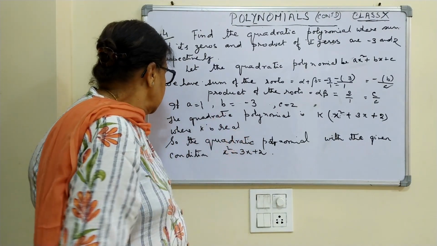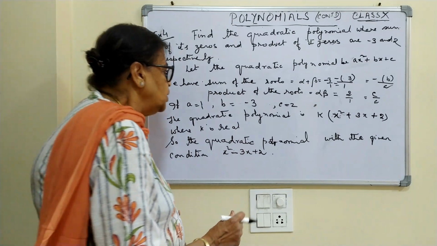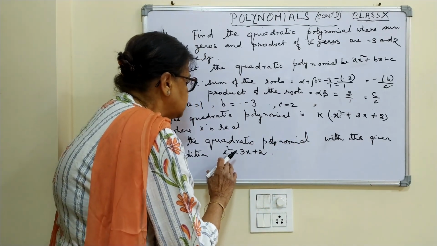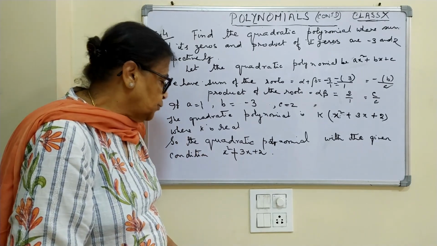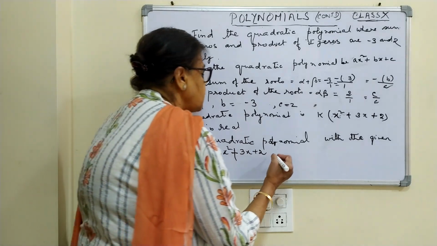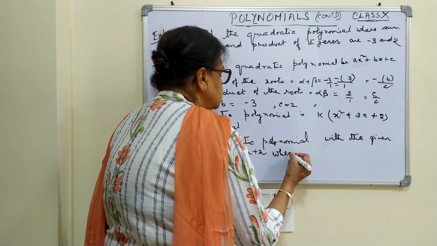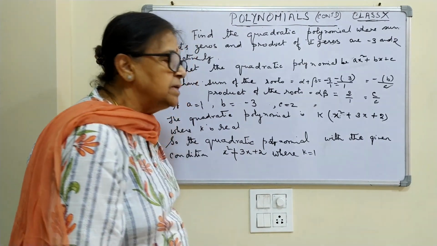So the quadratic polynomial with the given condition is x square plus 3x plus 2, where k is equal to 1.